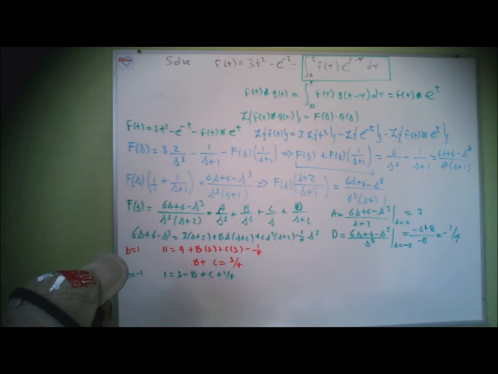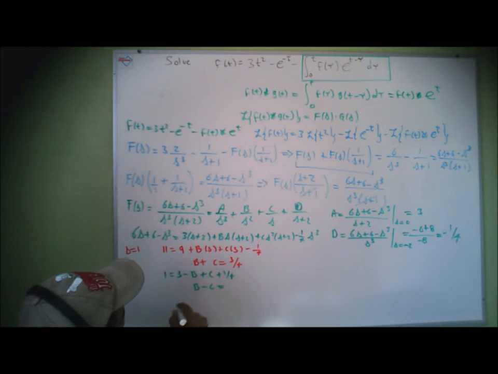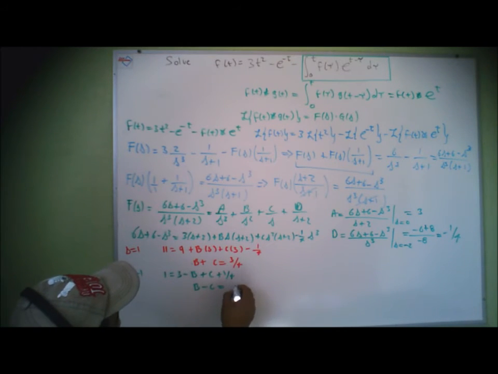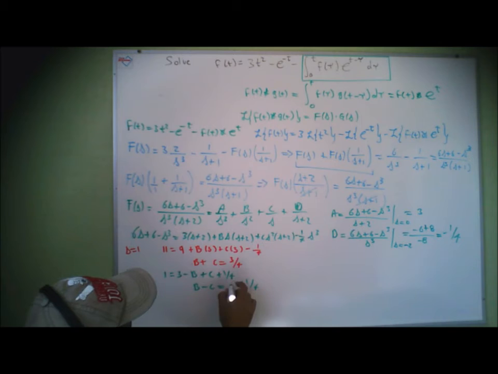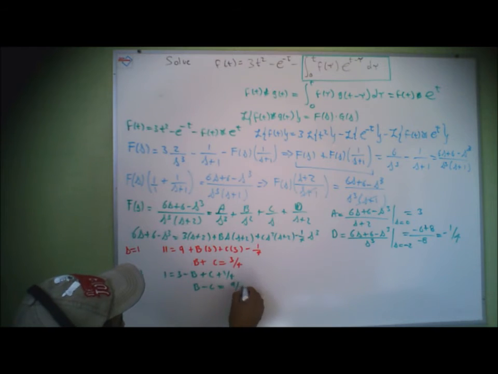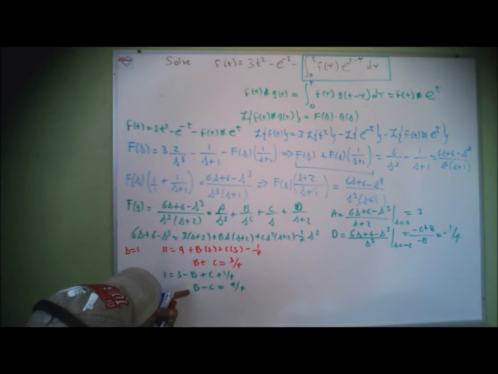Okay, so 1 minus 3 or B minus C is equal to, this to the other side and this to the other side, 3 minus 1, 2, and 1 quarter, plus 1 quarter, 8 quarters, 9 over 4. Okay, we have this equation.